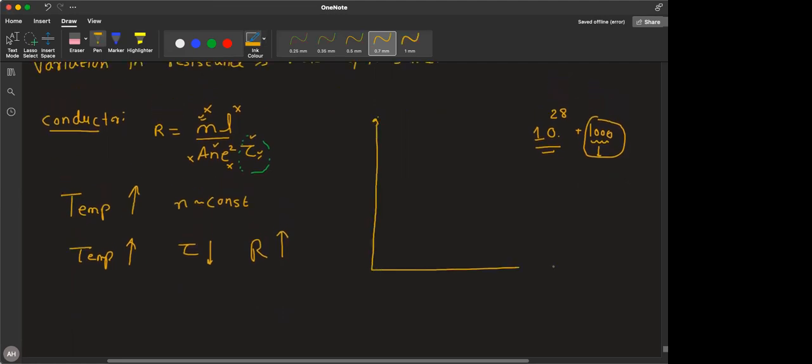So if I plot, so in a conductor, on increasing temperature, resistance increases.